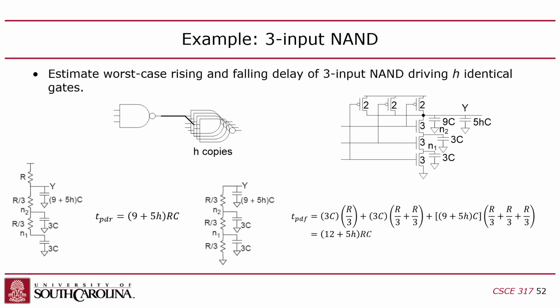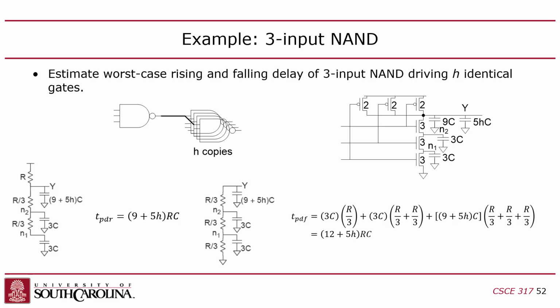And then the resistance of this guy is going to be R over 3, because he's a bigger transistor. So he has more capacitance but less resistance because he's wider. So it's R over 3.